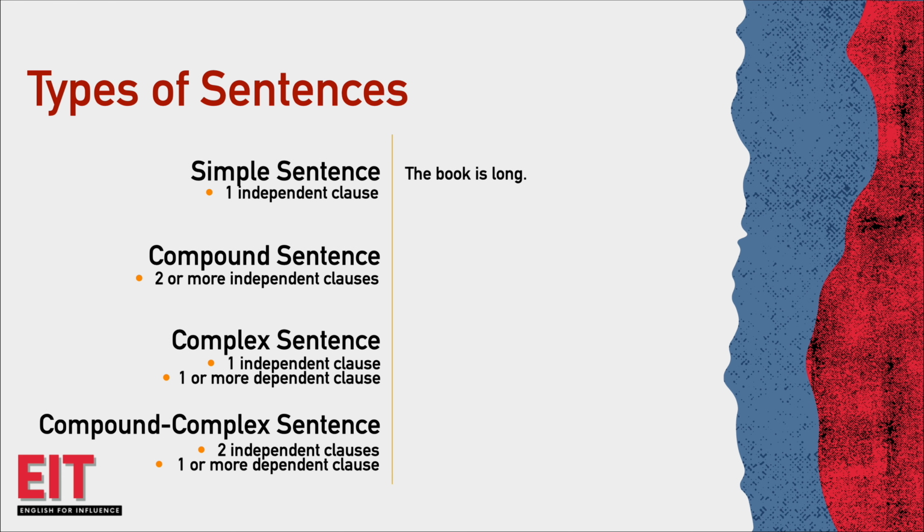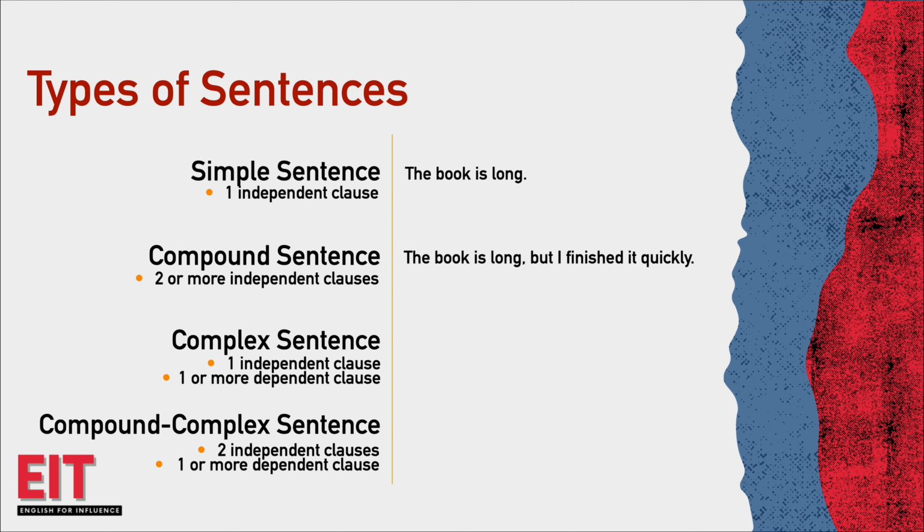So a simple sentence can be as simple as the book is long. The book is your subject and is is your verb. And a compound sentence, the book is long, but I finished it quickly. So you have two independent clauses.